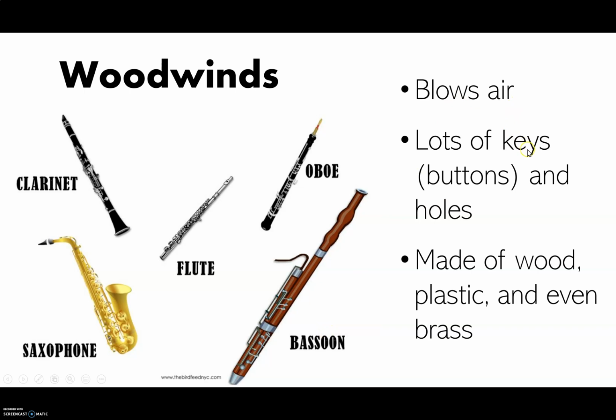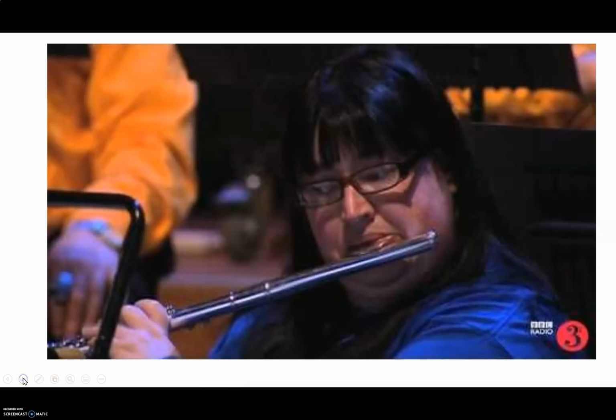They have lots of keys, which some kids call buttons, and they have holes. They're typically made of wood, plastic, or even brass, like the saxophone. Saxophone's kind of the weird one, and the video I'm about to show you won't show the saxophone, because it's more of a band instrument and not so much an orchestra instrument.